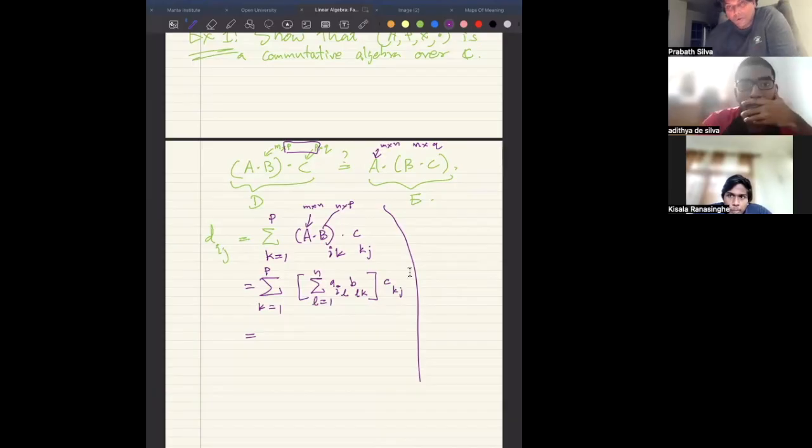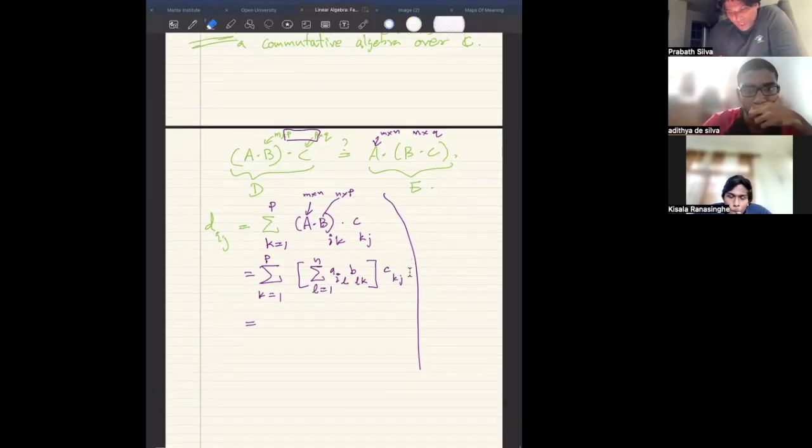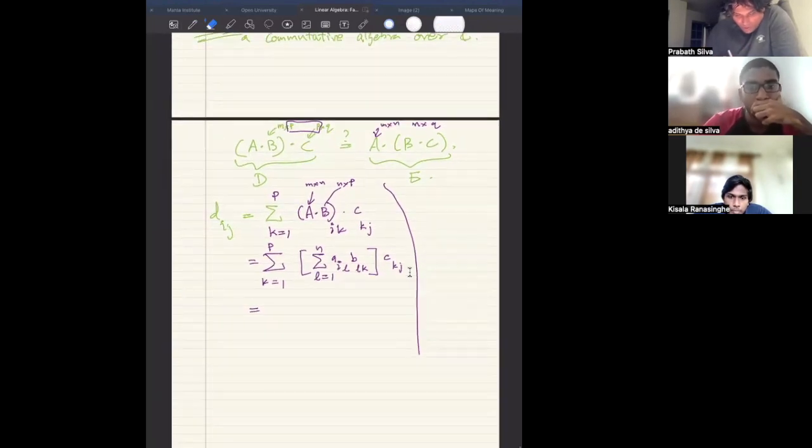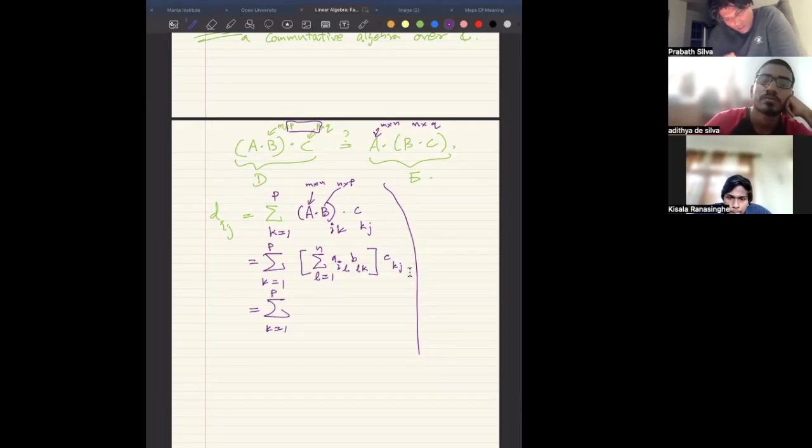Okay, so we want to switch these summations. So that can be done. So we go here, 1 up to p, and multiply.